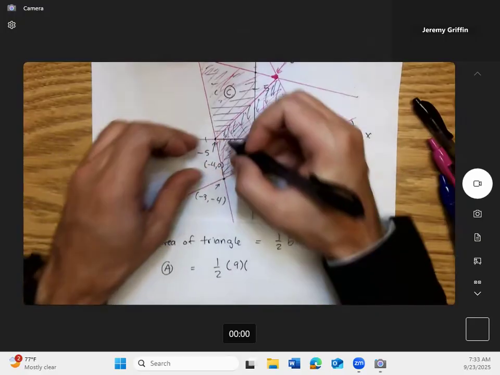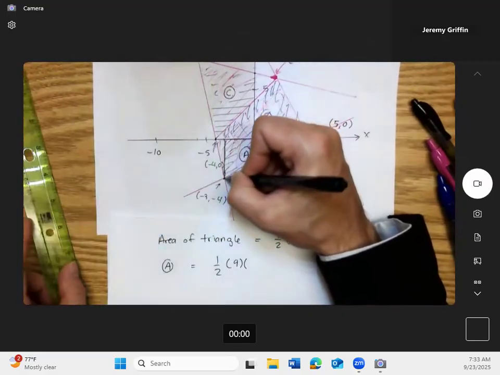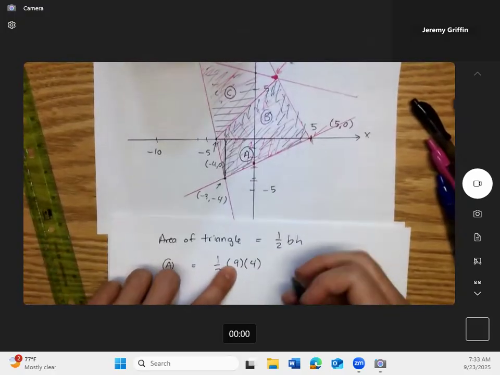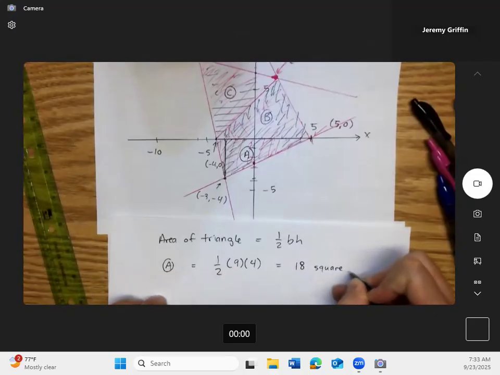This has a height, this altitude right here, of 4 units, as it goes to a -4 here. So 4. Okay. Well, half of 4 is 2, times 9 is 18. So it should be 18 square units.